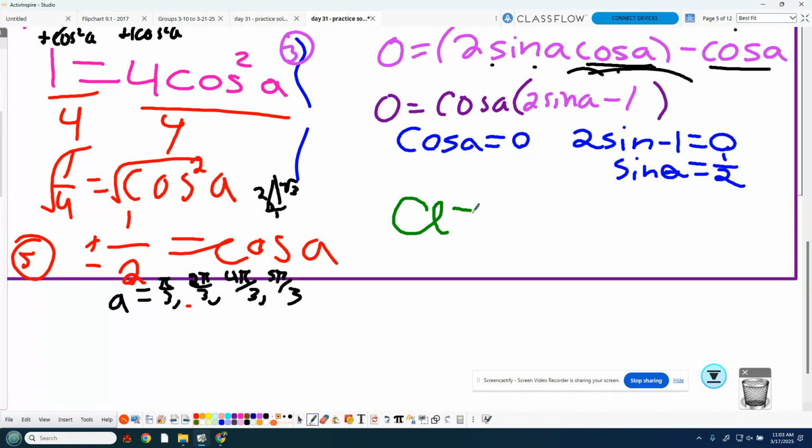So A equals what? Where is cosine 0? 5 or 6. And 5. Okay, that's where sine is a half. And there's the other factor. Where is cosine 0? You got to get those answers too. Oh, okay.